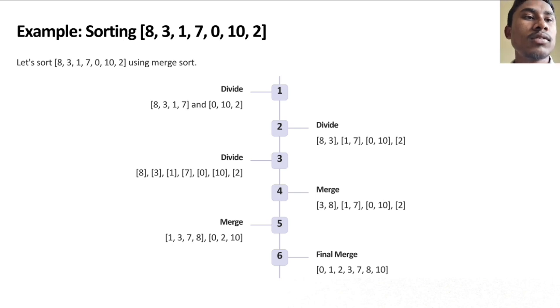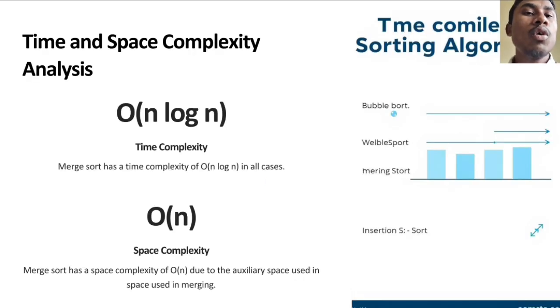Now, merge sort's time complexity and space complexity. Time complexity and space complexity are very important while defining the efficiency, speed and other properties of any algorithm. Merge sort has a time complexity of big O of n log n in all cases.